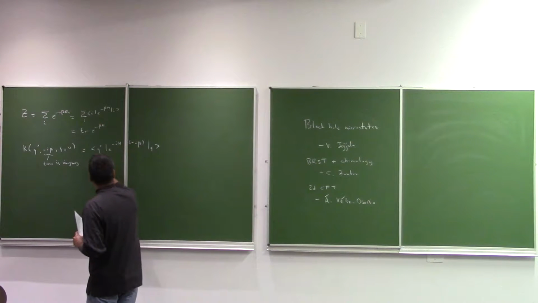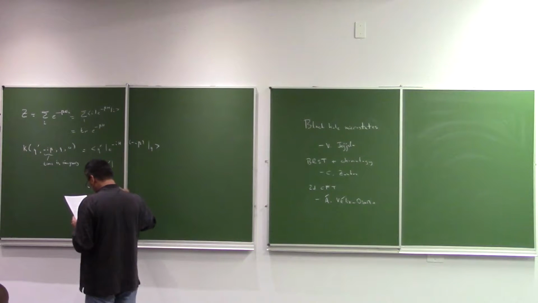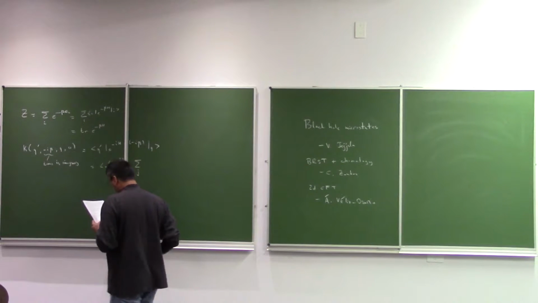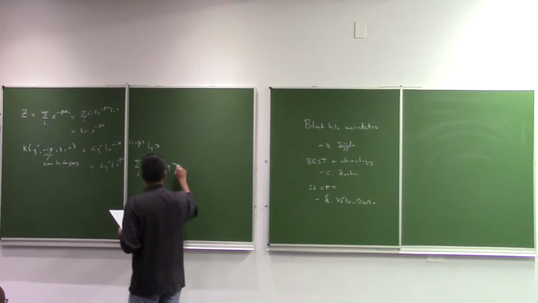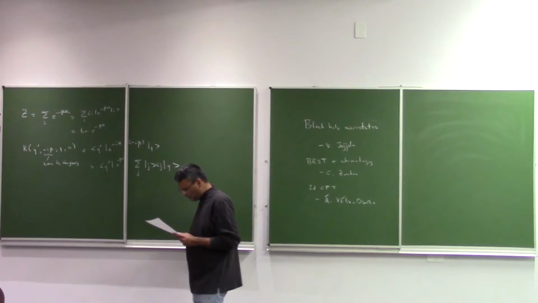So I'm going to insert a complete set of states here. I have q prime, e to the minus beta H, sum on states j, |j><j|, q. Okay? So I just insert the identity here.